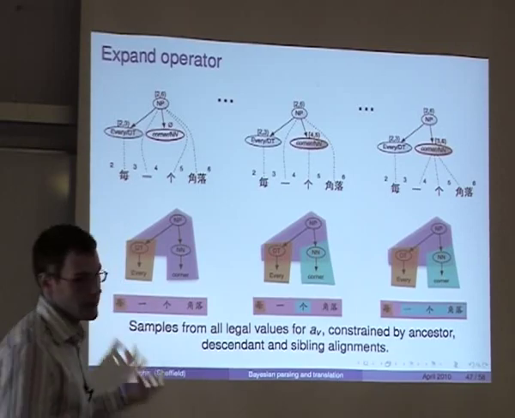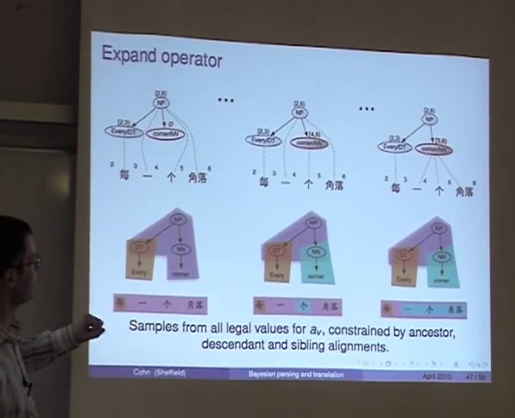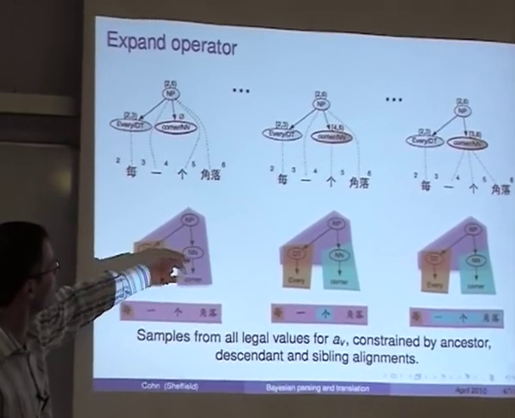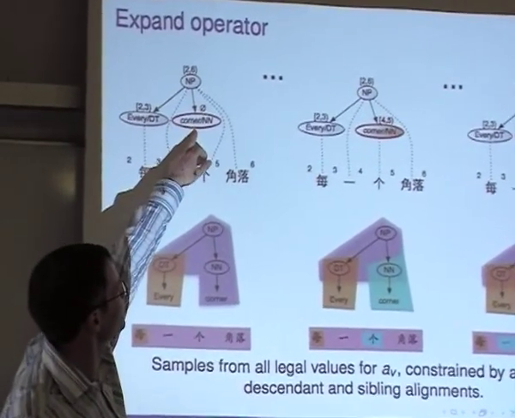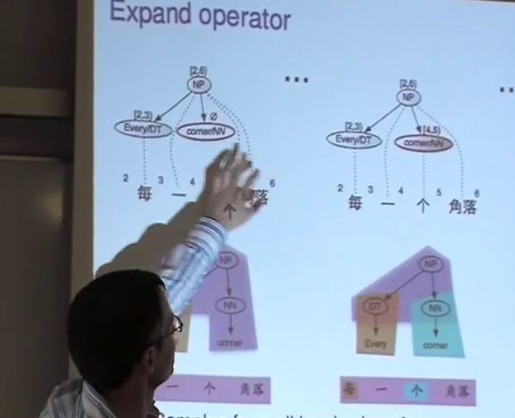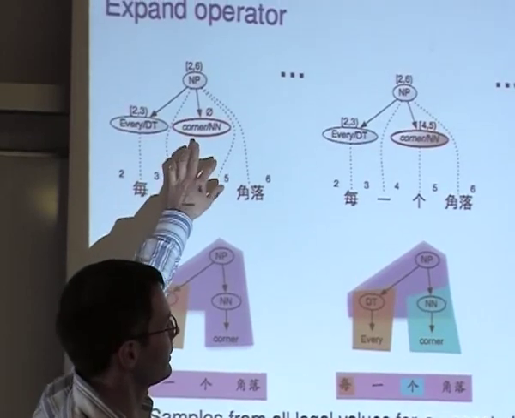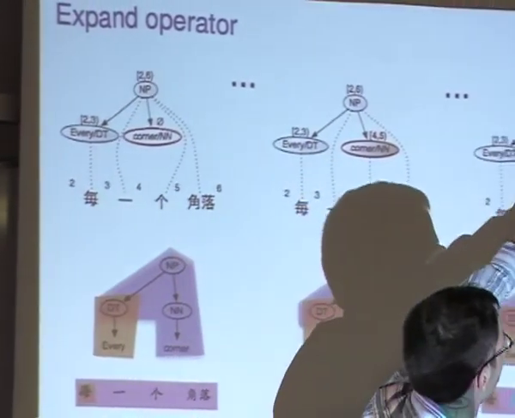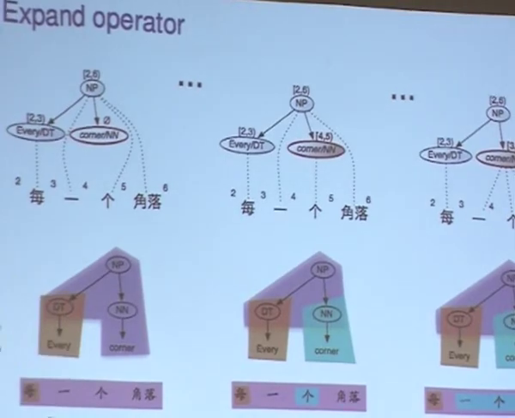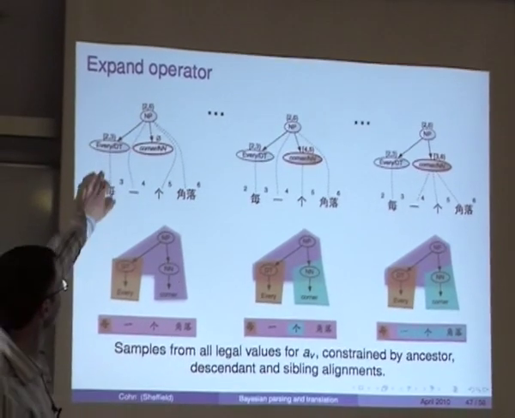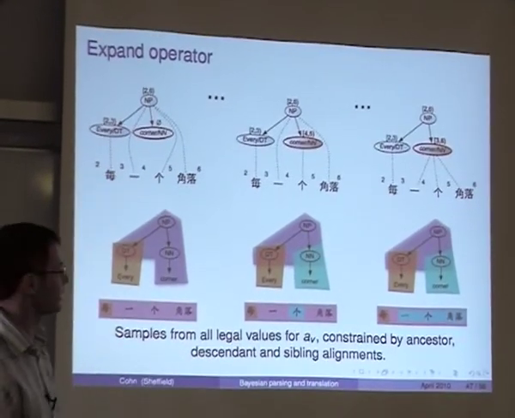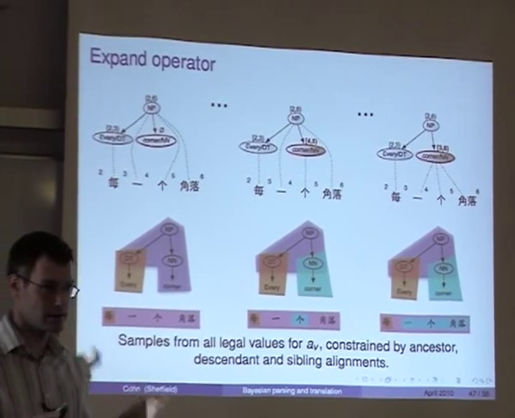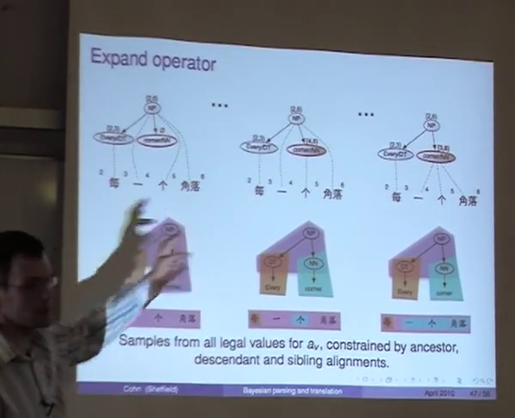So, for instance, if we're looking back at our every corner fragment, we're looking at the alignment variable for corner. It could have a whole lot of values. It could be aligned to nothing. It could be aligned to various different strings which are in the range 2 to 6 spans, as long as they don't overlap this 2 to 3. So they could be anything from 3 to 6 or a subset. I've shown some examples here.